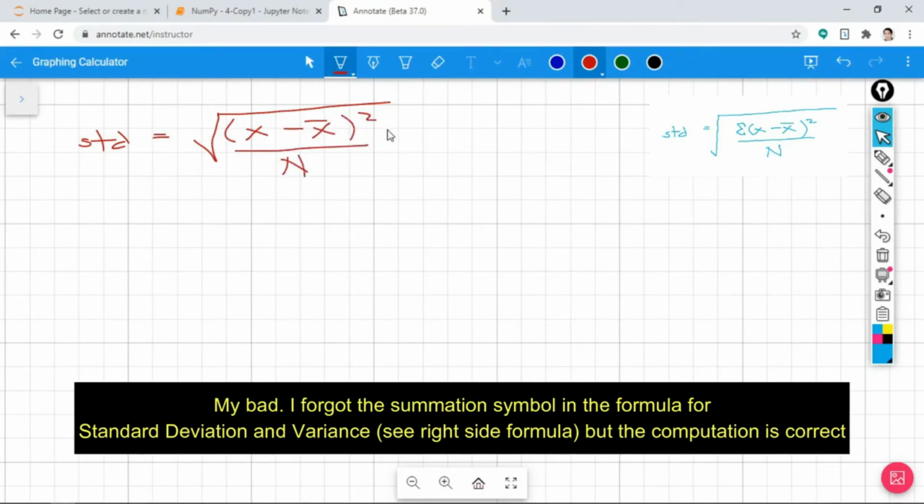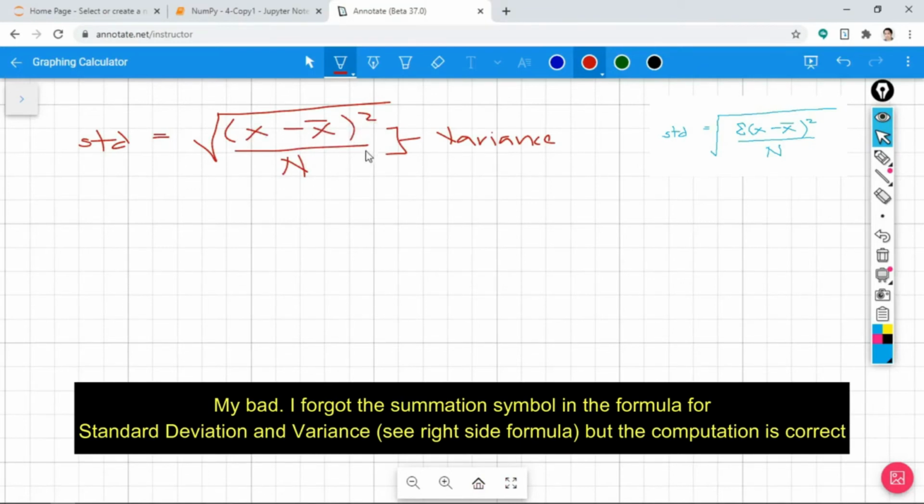So this one is the variance. Okay, so in summary, the square root of the variance will be the standard deviation. So this is the formula of the variance. So x minus the mean squared over n.